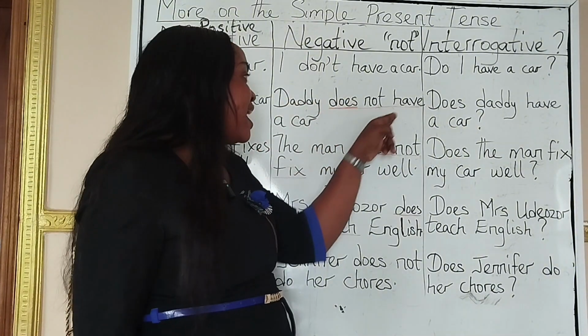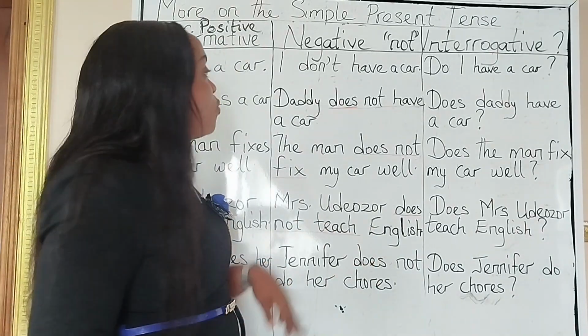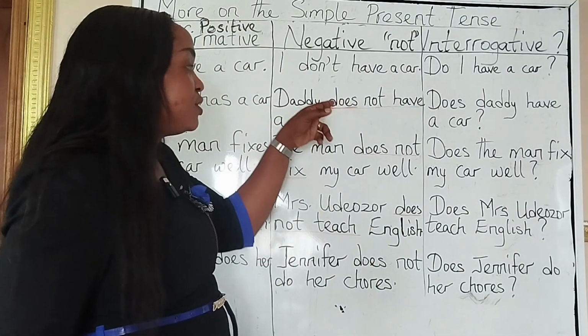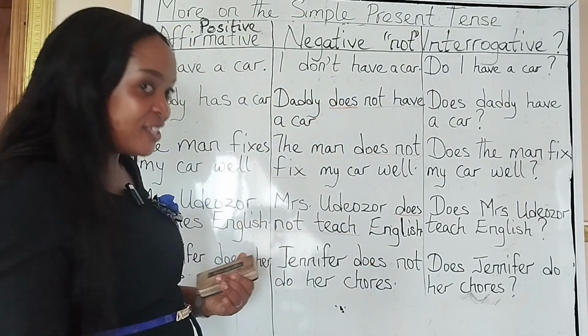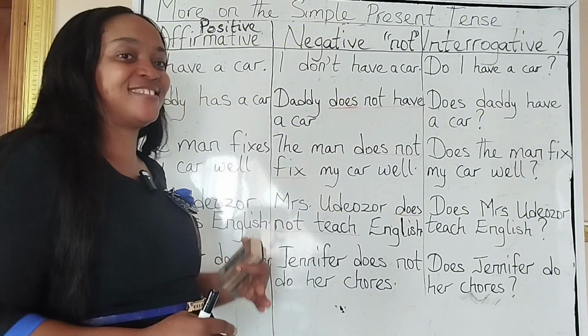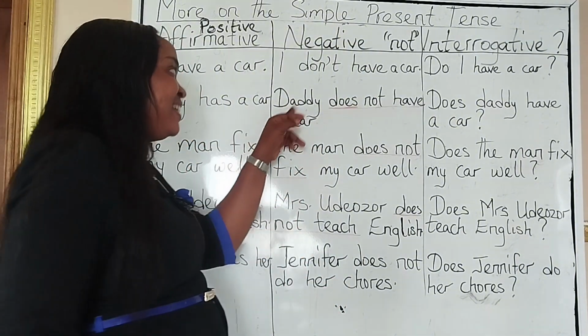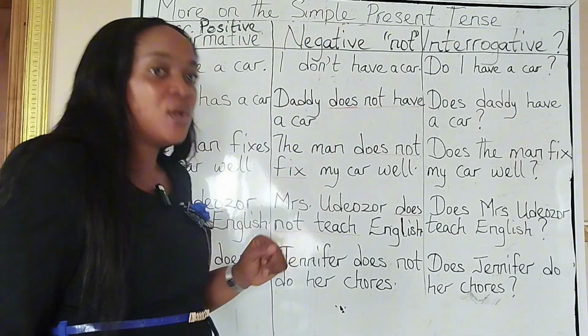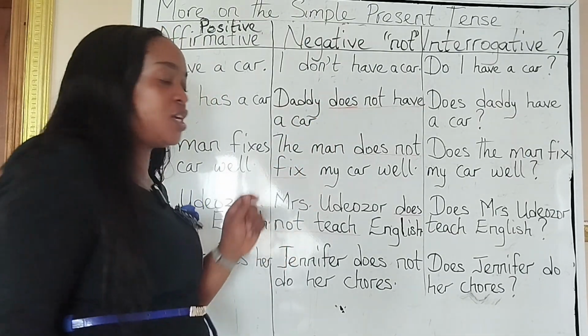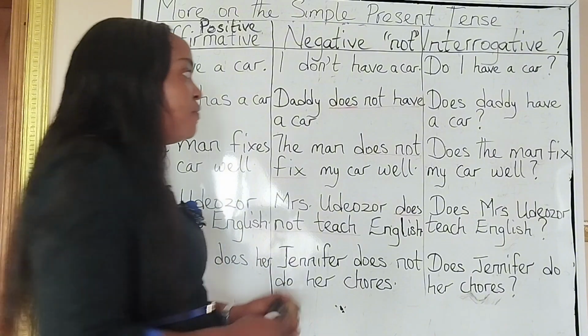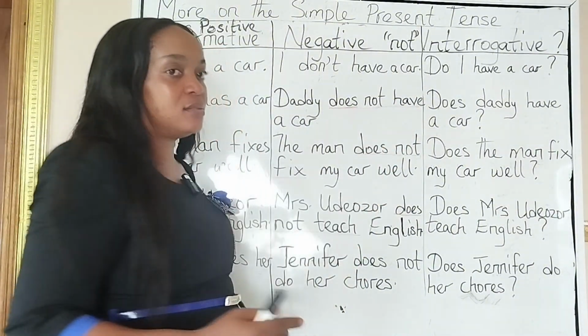Daddy does not have a car. When we say daddy, we use does because he does, she does, it does, everybody does. So we say daddy does not. But now, there is another thing you need to take note of. Take proper note of the word have.